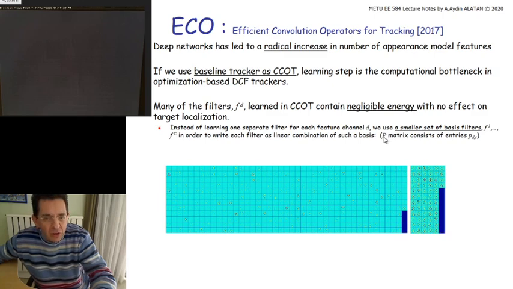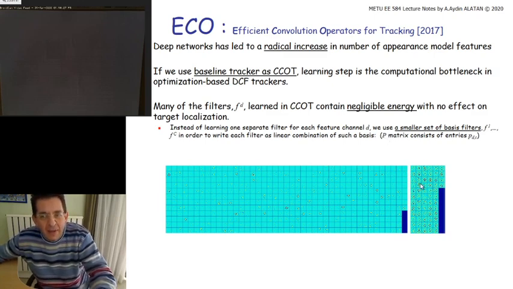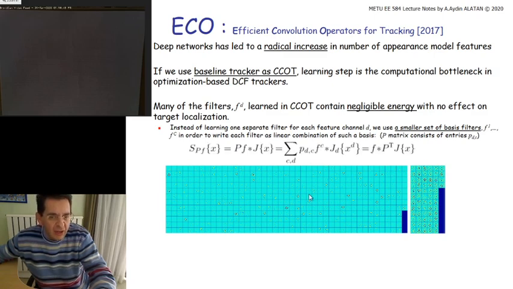The P matrix stores this information. Therefore, we are trying to obtain a limited number of filters, and the P matrix gives the combination scalars we have to use to combine them, the P_dc scalars. We have to learn these two things together instead of learning this redundant set of filters.